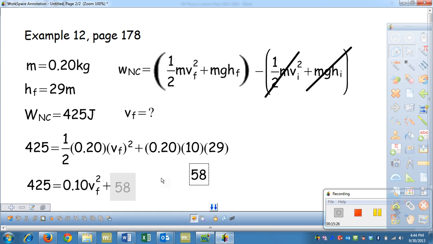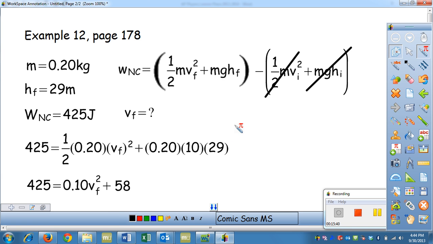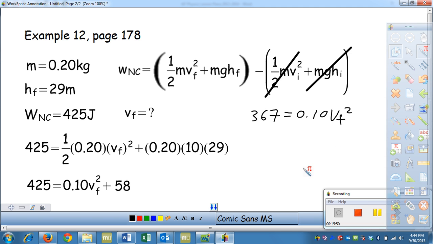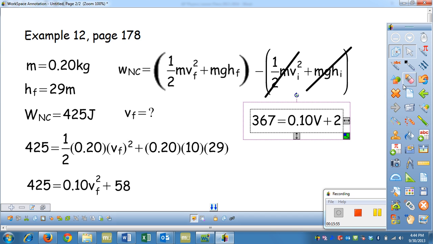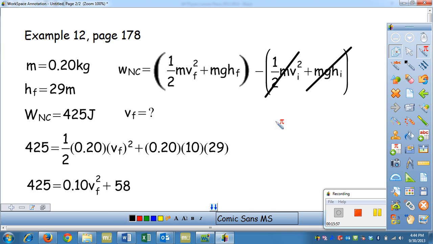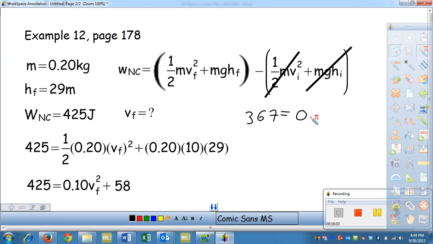So that means 367 equals 0.10 V final squared.